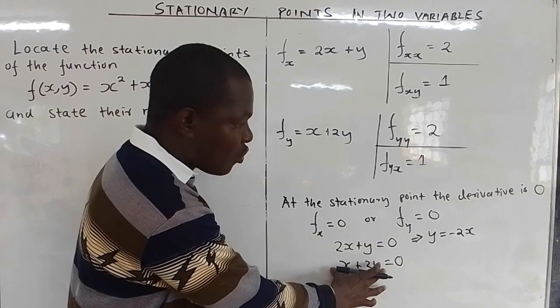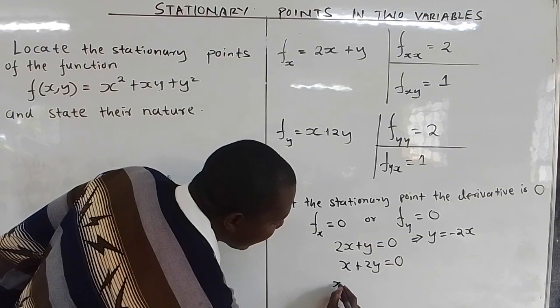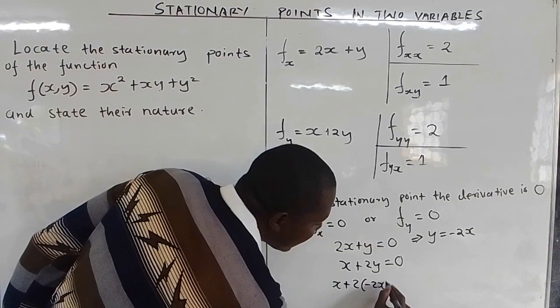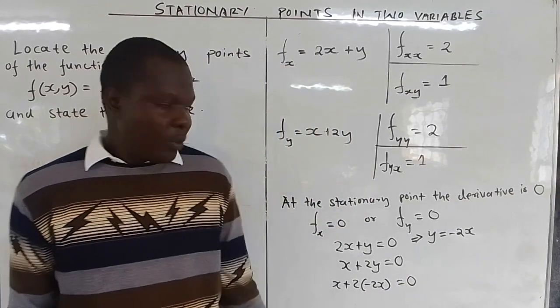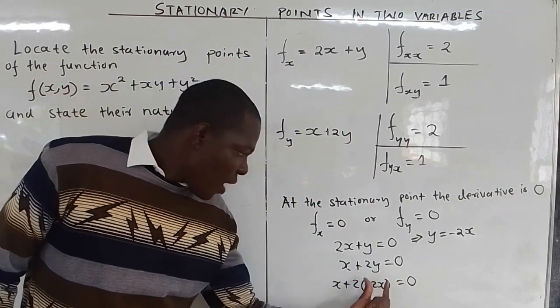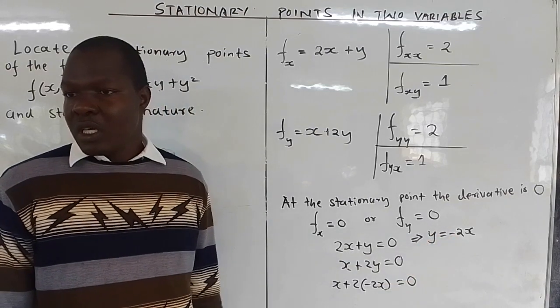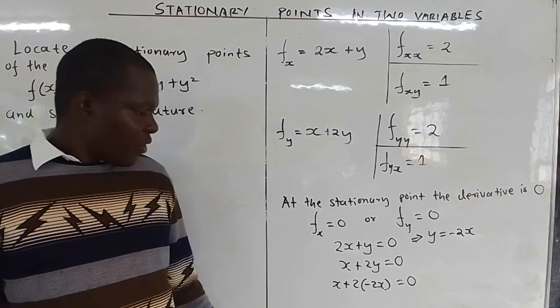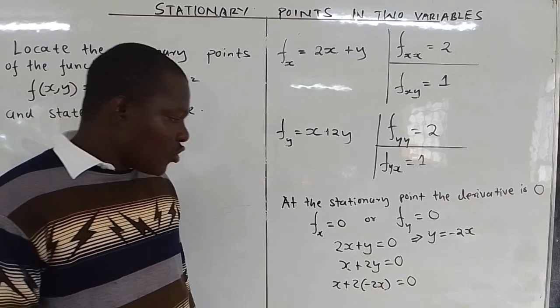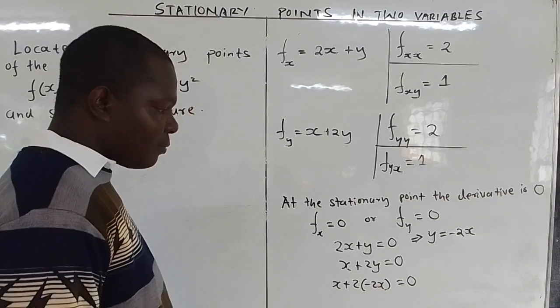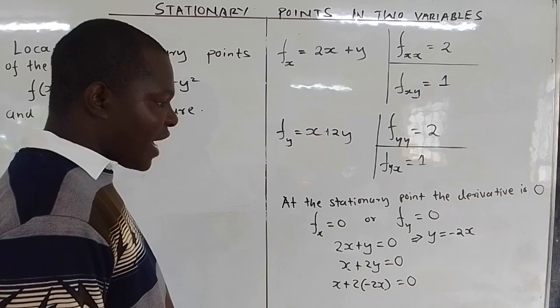What do we get? We get x plus 2y equals 0, where we put the value of y from the first equation, which we found to be negative 2x, isn't it? If you solve this equation, what will you get to be the value of x?